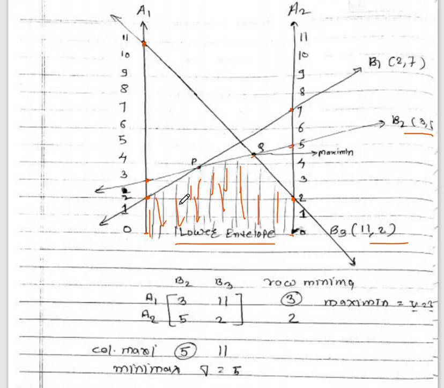From these 4 points we will select the highest level point. Let us denote this as point p, an unknown point, and this as point q, also an unknown point. So q is the highest level point in this lower envelope, and that point is called the maximum point.